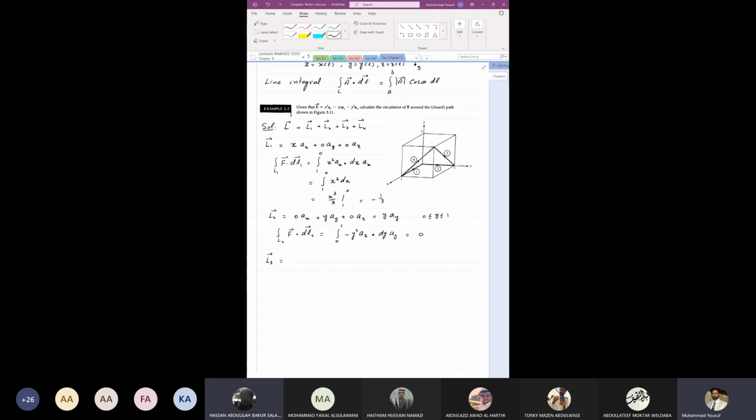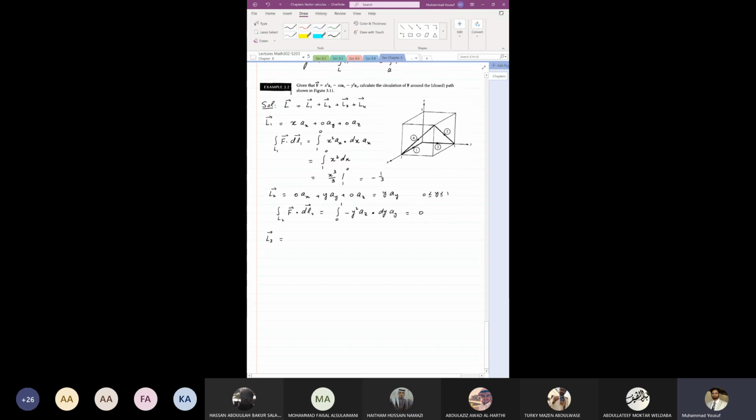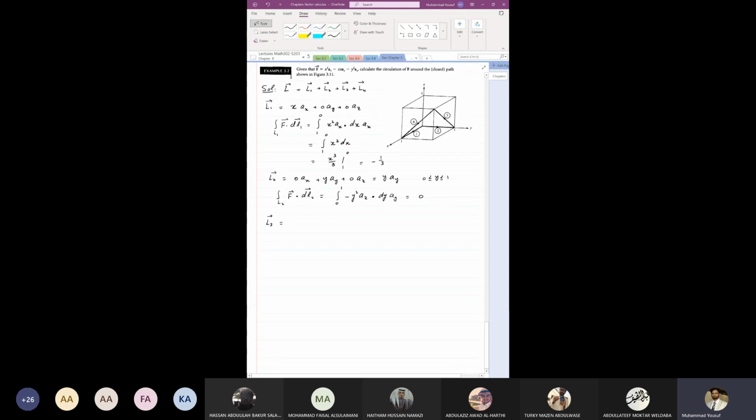And in the vector field, when we put x equal to 0, z equal to 0, we get 0 ax minus 0 ay minus y square az. Yes, I get it now. And from dl2, we get only dy ay, and the dot product of az and ay is 0, so the whole thing is 0.